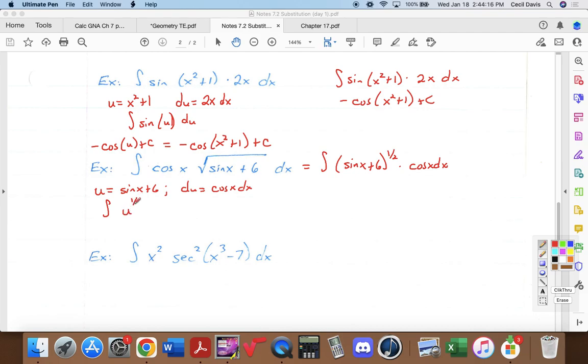So I've got u to the 1/2 times cosine of x dx, which is du. So we'll take the antiderivative, that's 2/3 of u to the 3/2 plus a constant.